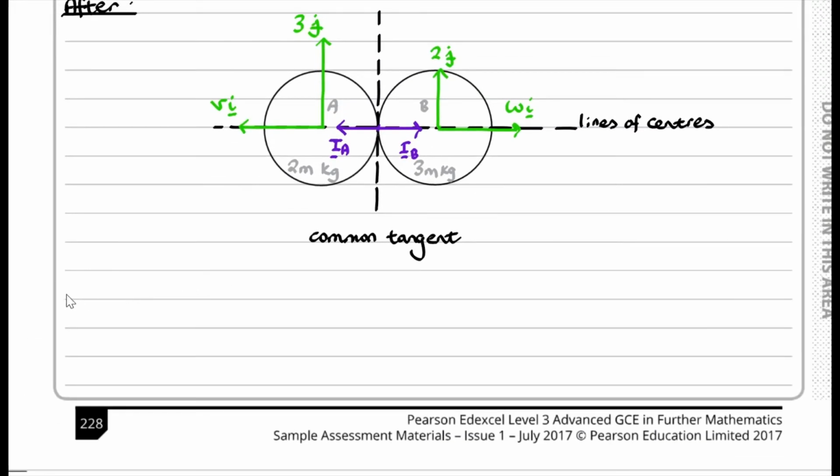So let's just write this down. If we use conservation of momentum, and if we consider resolving parallel to the line of centers, then over here we've got 2m.